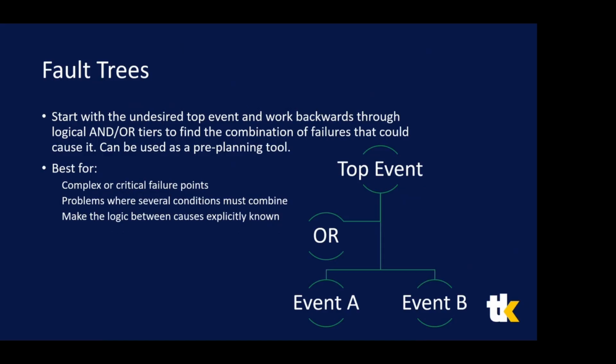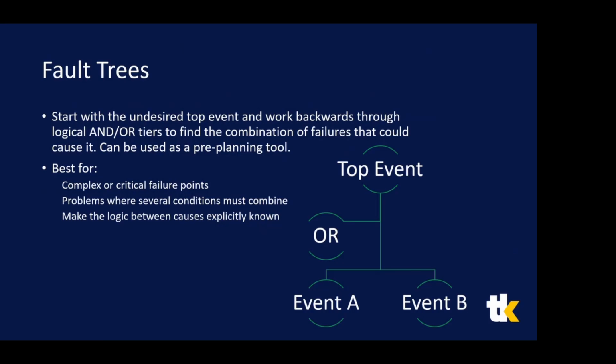Now, fault trees are the last one I want to highlight. I tend to use fault trees as a pre-planning tool rather than a post-mortem tool, but they can be used either way. The fault tree starts with an undesired top event, and then you work backwards through logical "and" or "or" situations to find the combination of failures that might cause it.